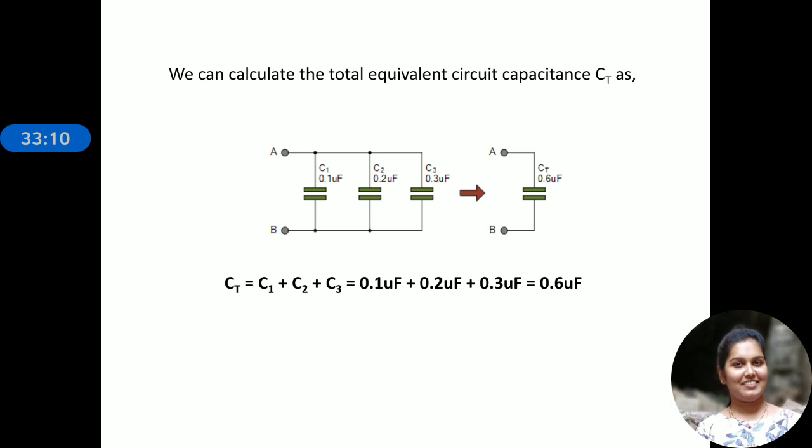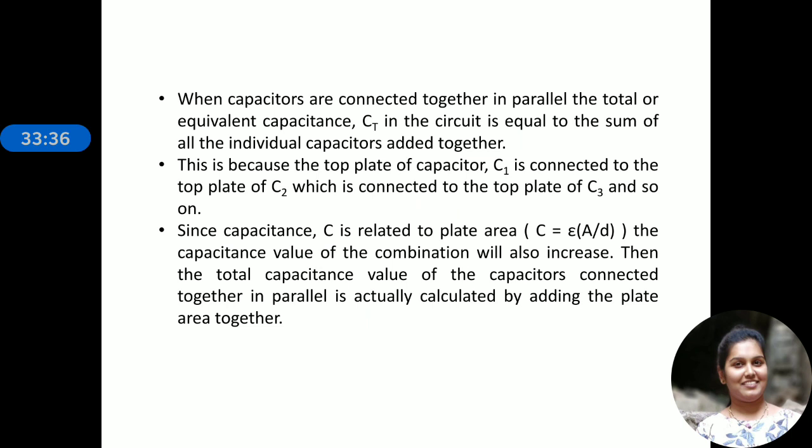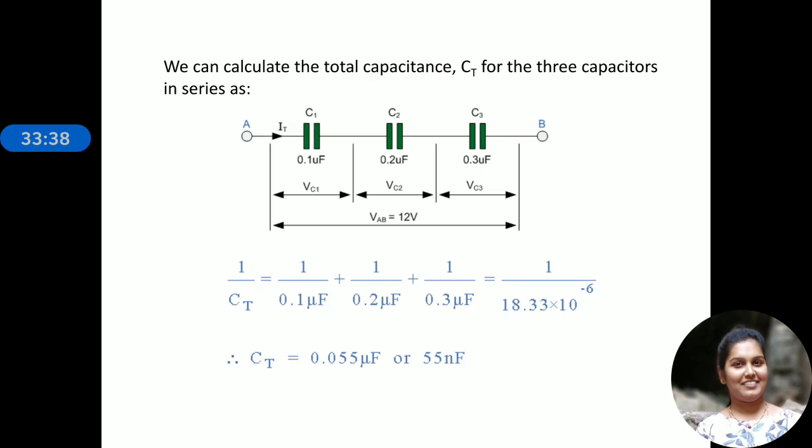I don't have a capacitor available with a value lesser than 0.1 microfarads. So what I can do is, with the help of these three capacitors, I'll connect all three in series fashion. When we connect all three in series, the equivalent capacitance will decrease. That is what we have seen in this example.